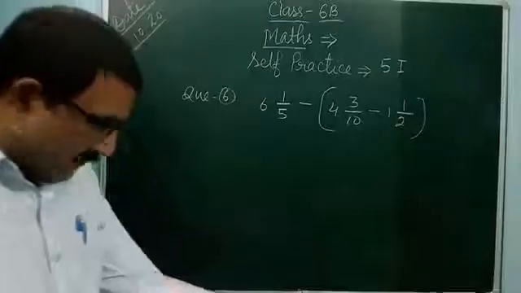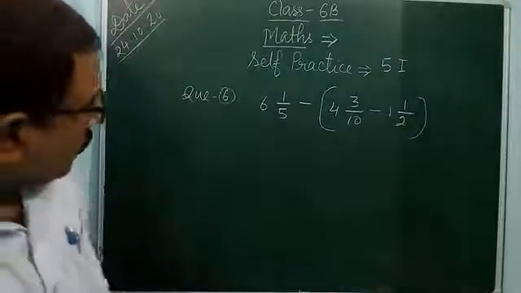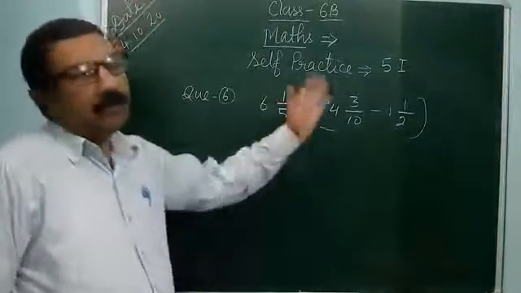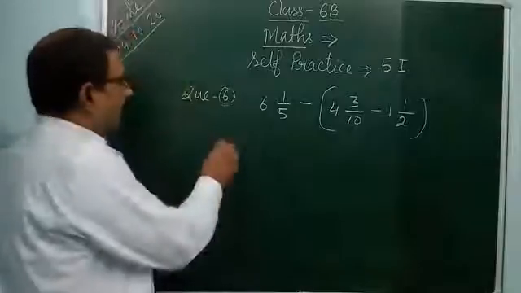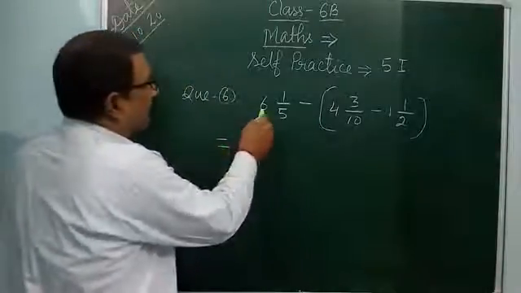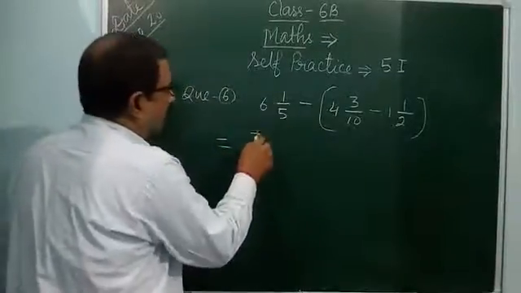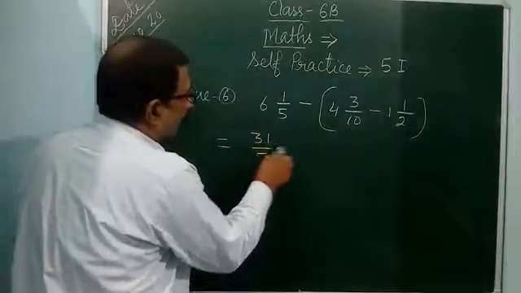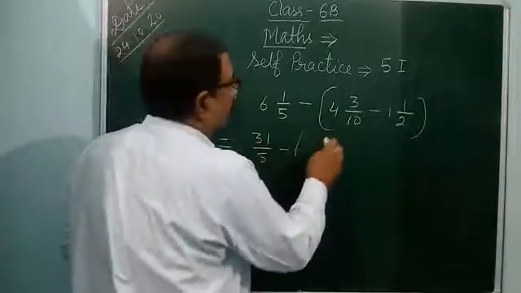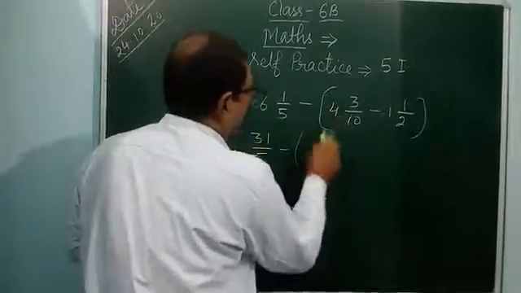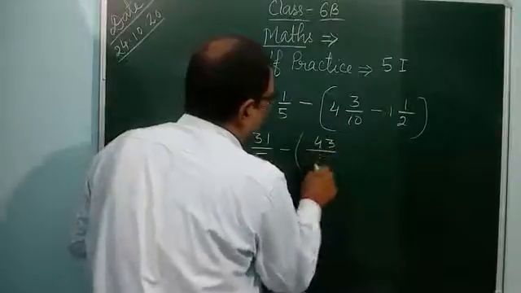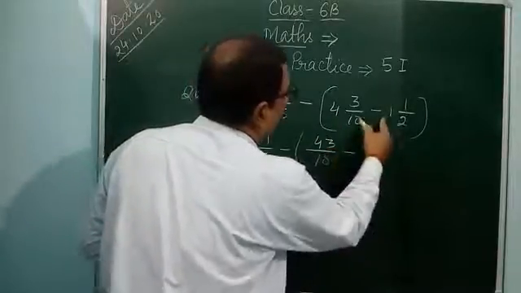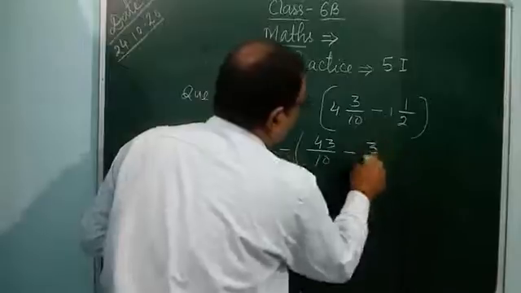It is very simple. Firstly, you change all into improper fractions. How? 6 5s are 30 and 1, 31 by 5 minus, in bracket, 10 4s are 40 and 3, 43 by 10 minus 2 1s are 2 and 1, 3 by 2.